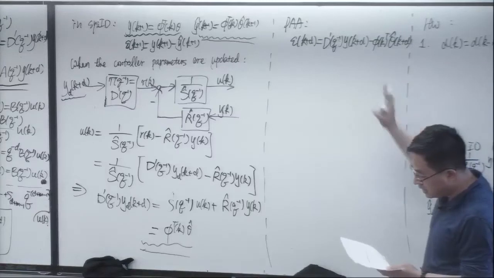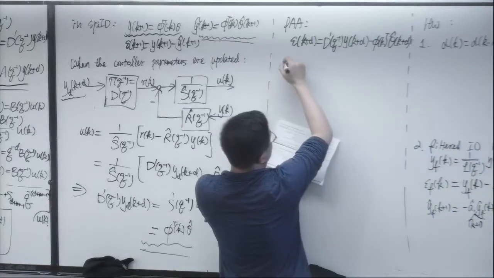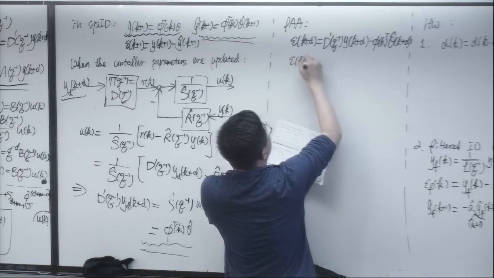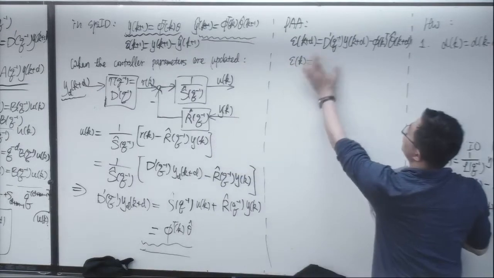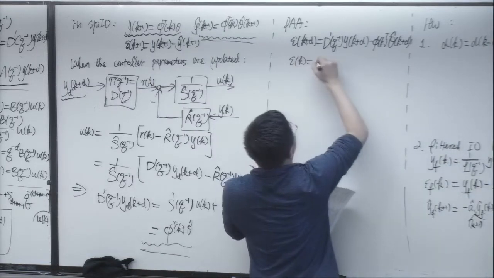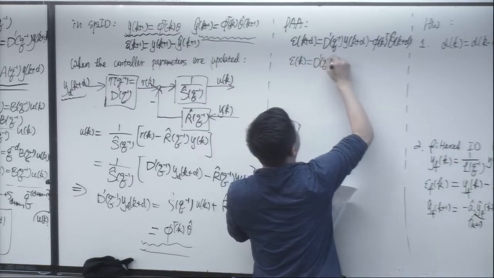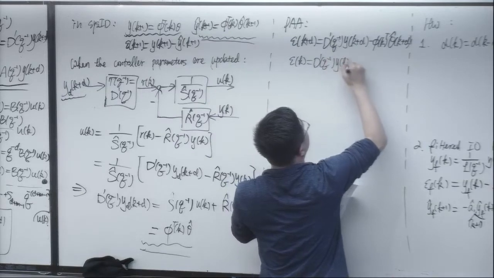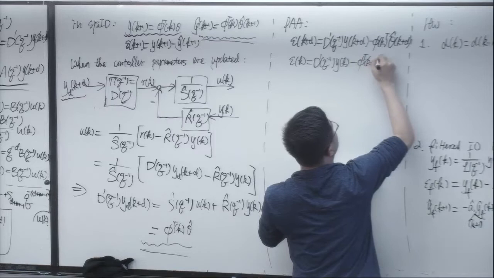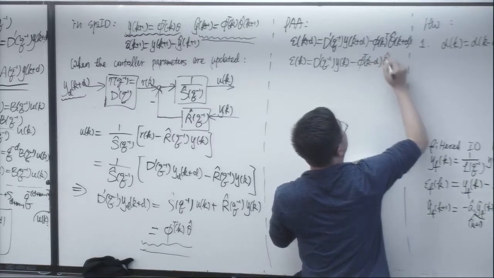This becomes our adaptation error, and then we can change the time index a little bit to write it as epsilon k will become d hat d prime yk minus phi transpose k minus d and theta hat.